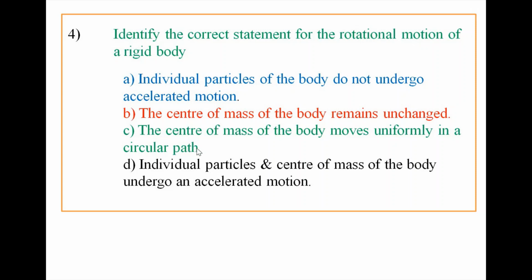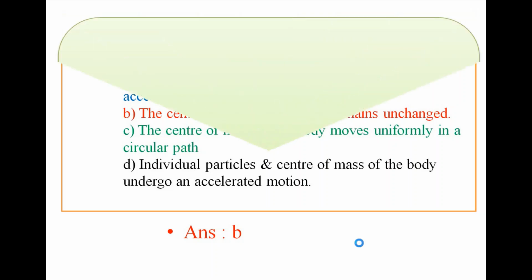Option C is center of mass of the body moves freely in a circular path. And option D is individual particles and center of mass of the body undergo an accelerated motion. So as per our theory knowledge, the answer is option B, that means center of mass of the body remains unchanged. So let's see the next objective.